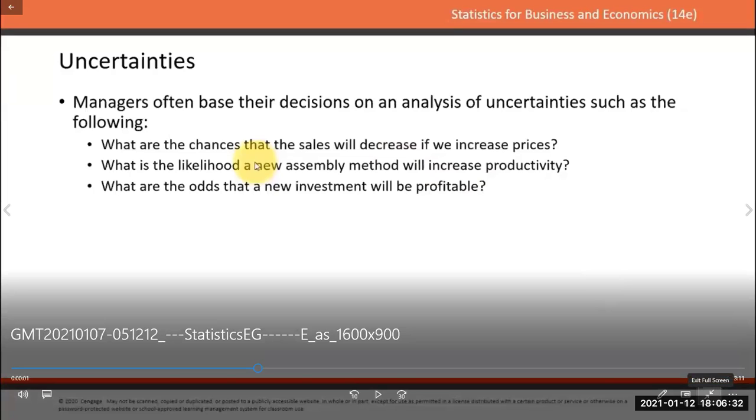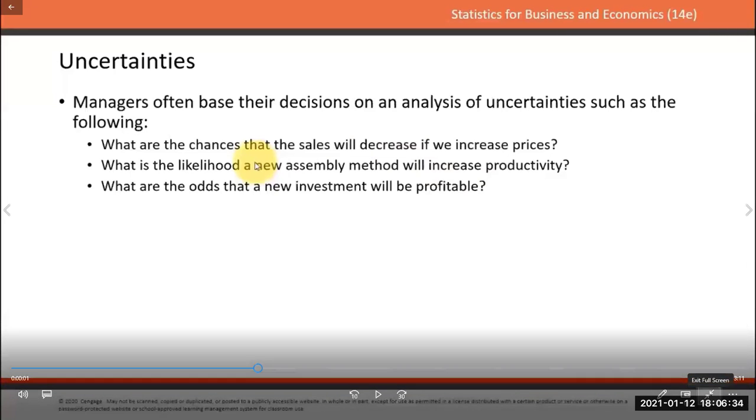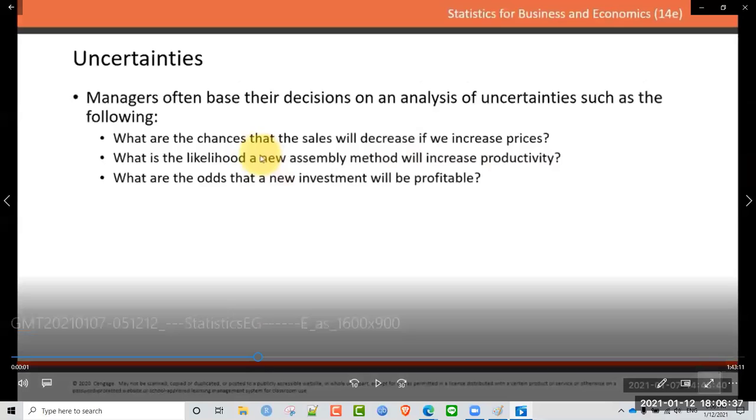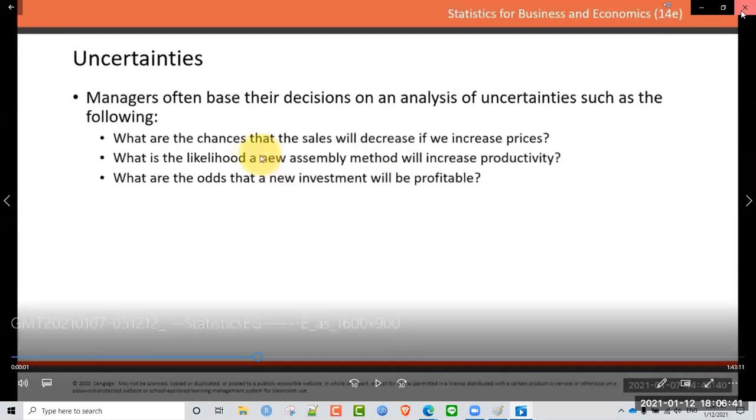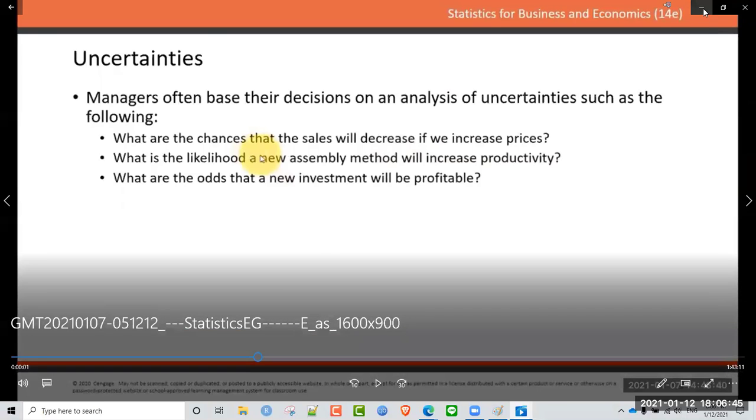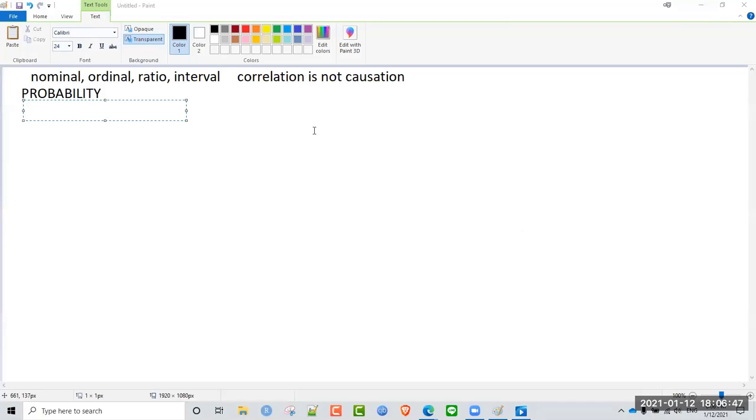So we do use probability in business, and that's why I guess they are teaching it at APU. Okay, so we're interested in this concept of probability, and probability has to do with uncertainty.